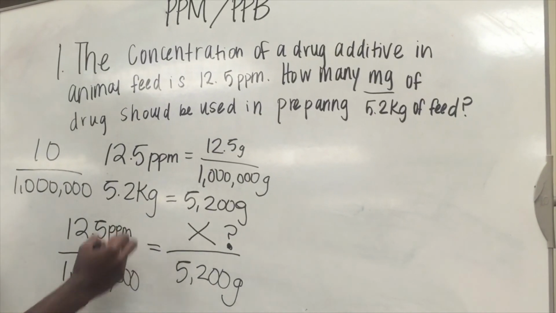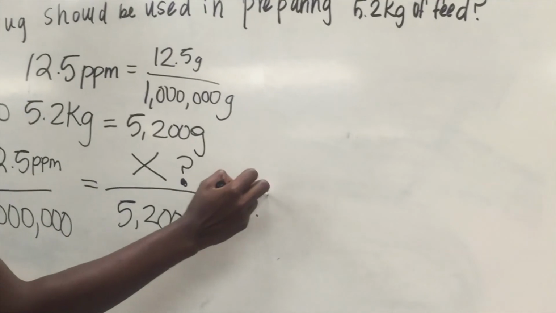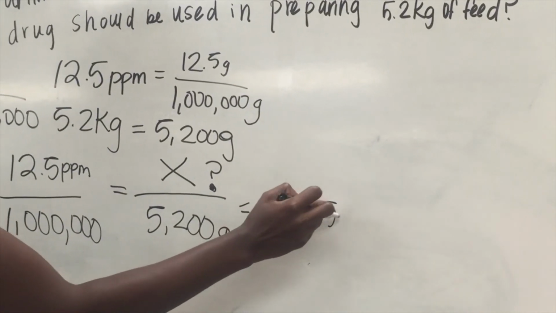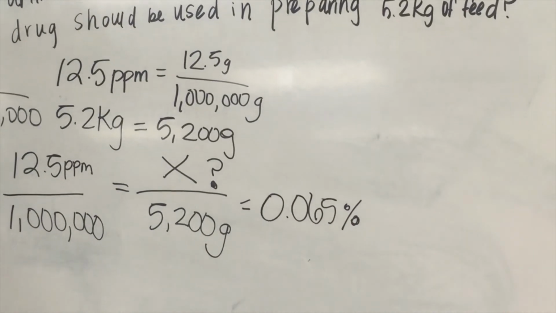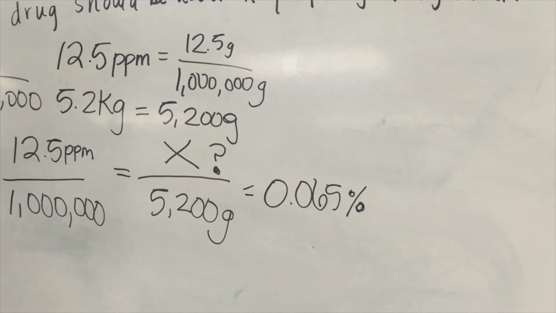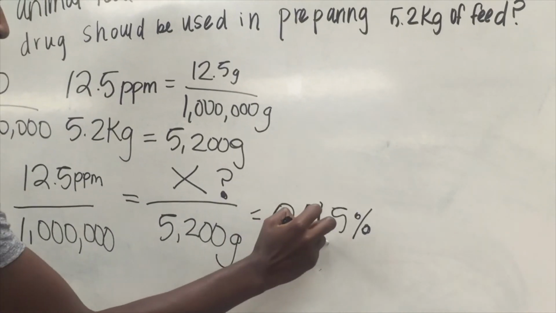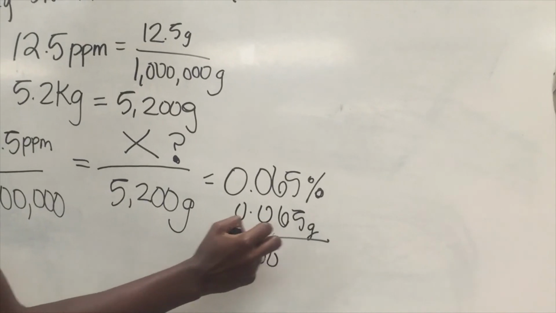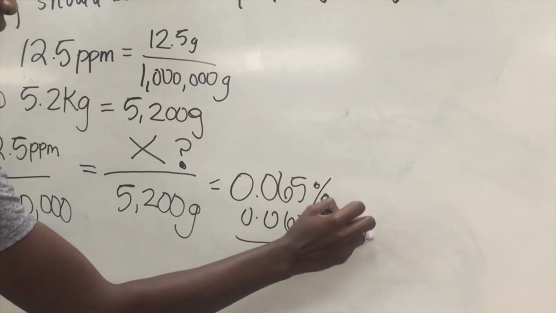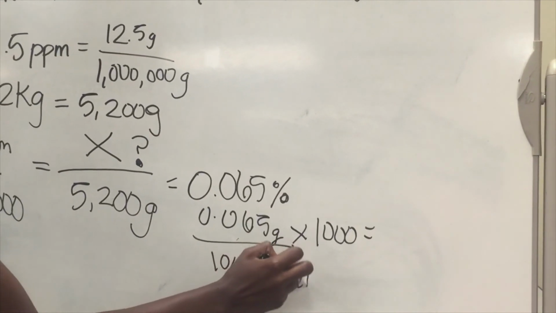If we cross multiply, we'll have 0.065. And it's asking for milligrams. This is equivalent to 0.065 grams over 100. And so if you multiply that by 1,000, you get 65 milligrams.